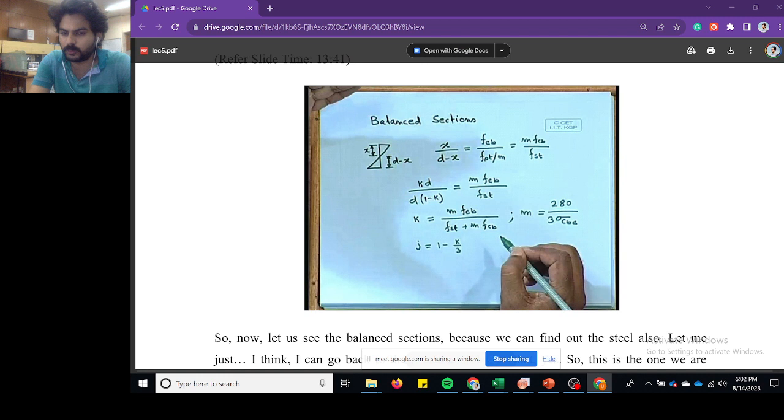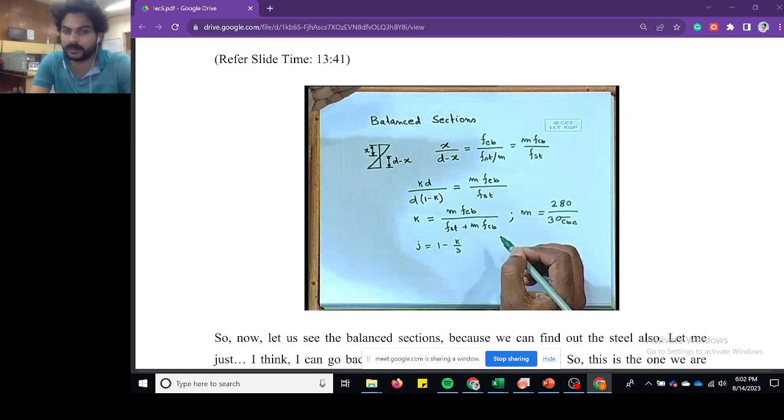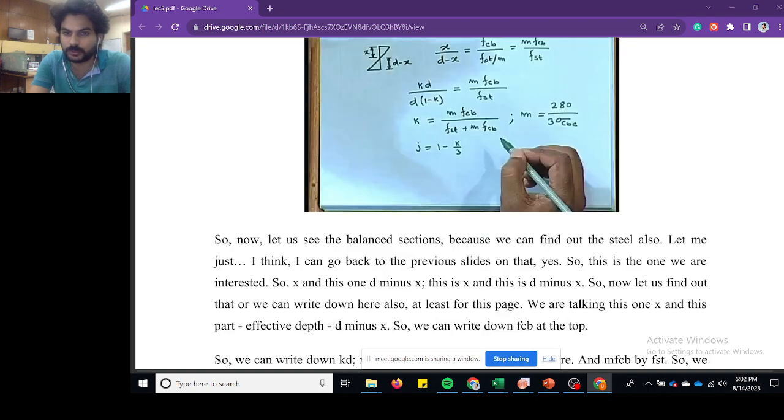This formula you have to remember for solving the working stress method problems, and the many values you have like sigma CBC, sigma S, like direct compression, bending compression. You have to take the values from IS codes.